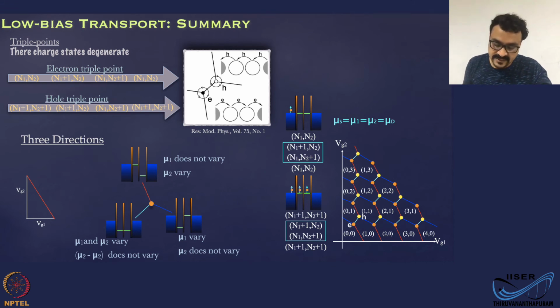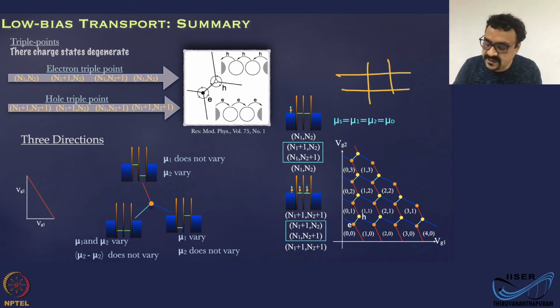And when you have none of this coupling enabled, what that means is none of this capacitive coupling, like interdot capacitance or cross-gate capacitance, you have only two directions. You had only the vertical direction and the horizontal direction, right?